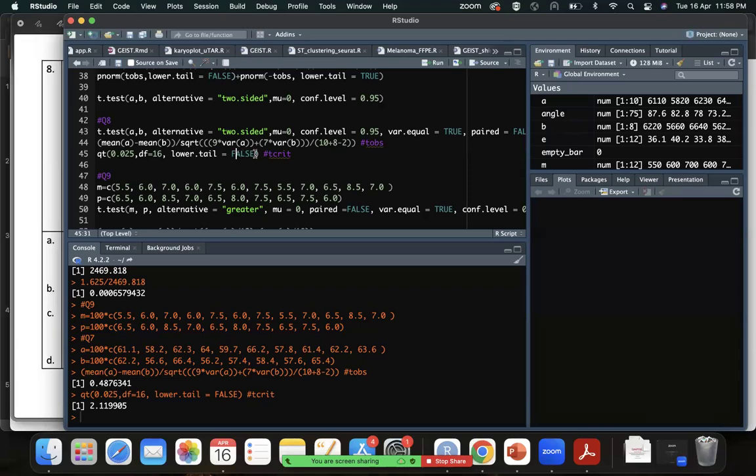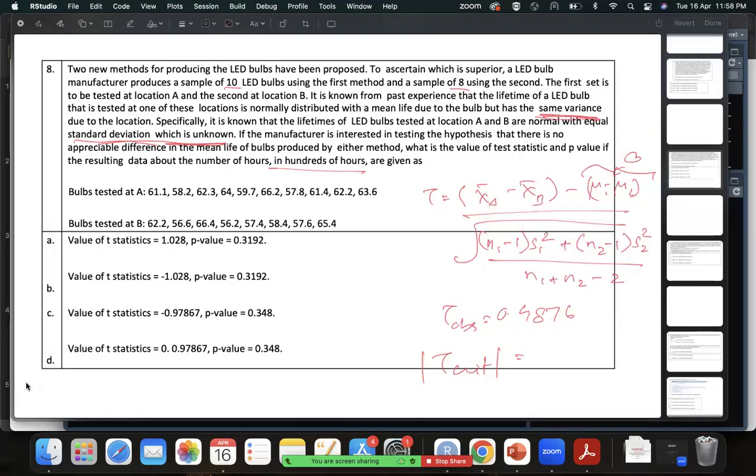Your critical value, mod T critical, would be 2.11905. To be clear, this is minus 2.11, this is plus 2.11, this is your 0. And T observed, 0.48, is again falling here.